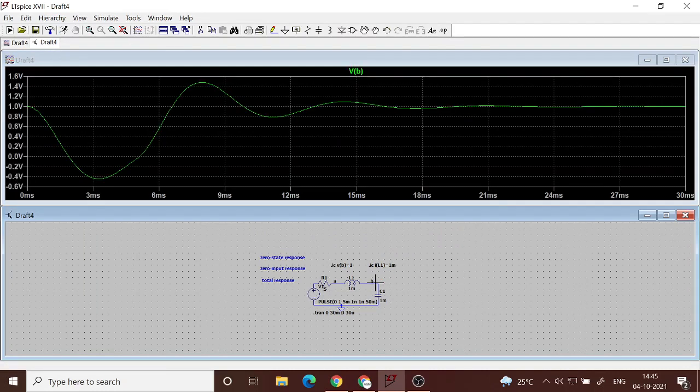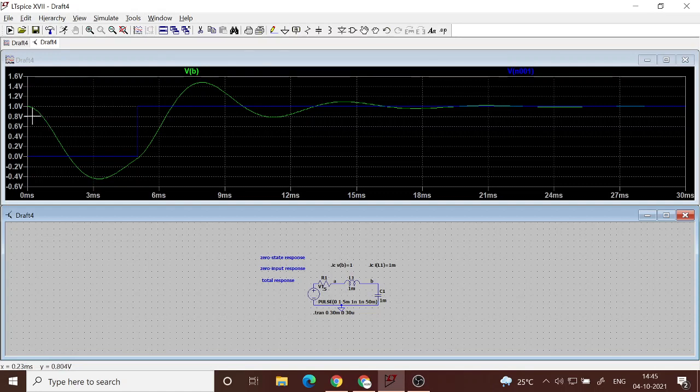Now you see that two things are competing. One is the voltage source. Let me show the voltage source also. The voltage source is like this. It remains at 0, and it quickly goes to 1 at 5 millisecond, and then it remains at 1 for the rest of the time.